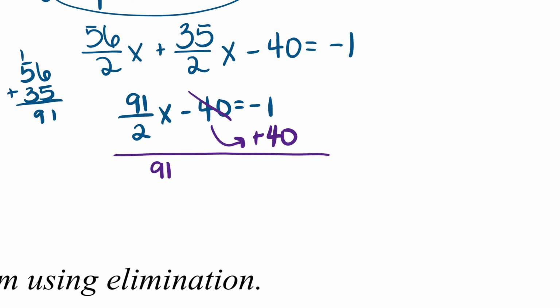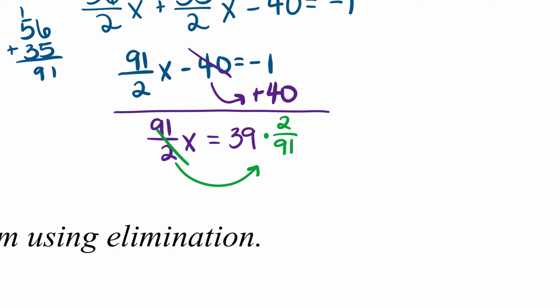So I have 91 over 2x equals 40 minus 1 is just 39. Okay, and then fractions. When fractions move, fractions flip. So times 2 over 91. And that's how I get rid of that.